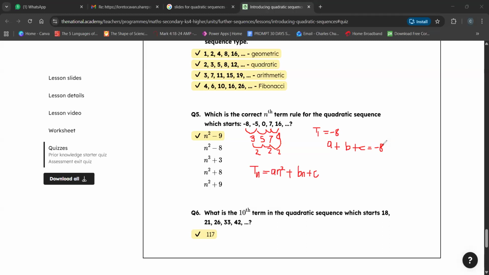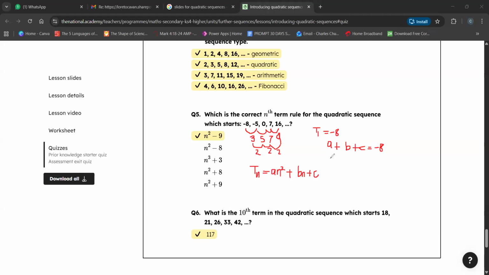Let's go for the next one. The next one is going to be -5. That's T2. T2 is -5.